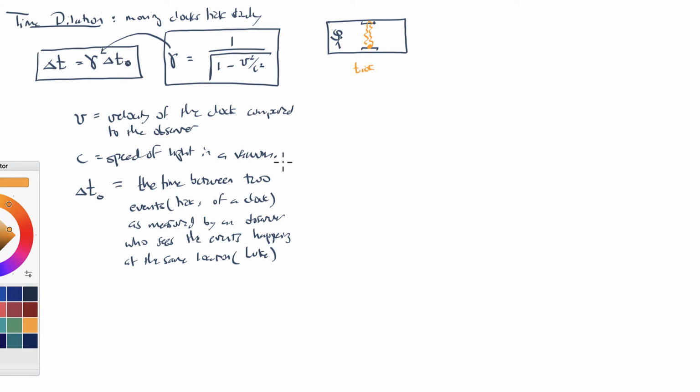So if you think about it from Luke's perspective, the events would be each tick. So event 1 would be tick 1, we might say. Event 2 would be the next tick.